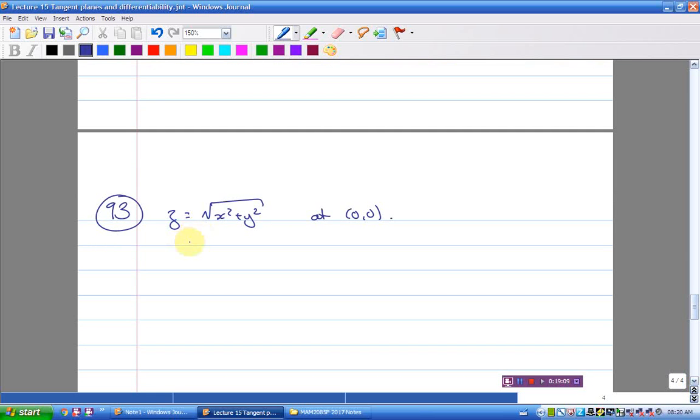Okay? All right, so the whole question is, is it differentiable at the origin? Hence, differentiability is in doubt, and when differentiability is in doubt, you have to work out your partial derivatives from first principles.